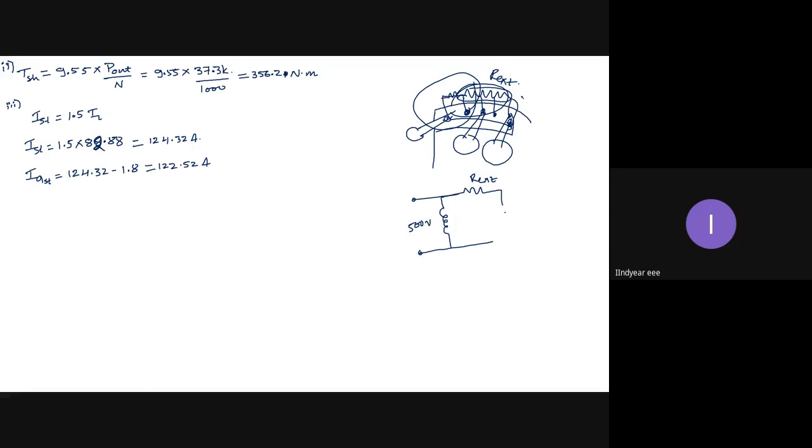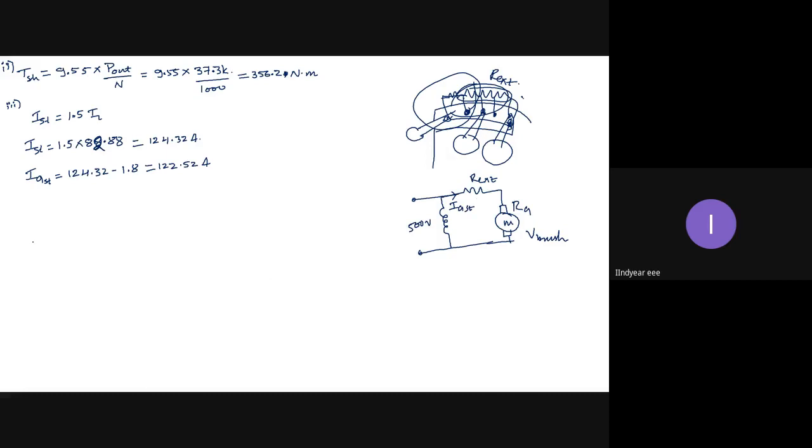Now this is the motor having some resistance Ra, and I have V brush. This is IAST, the starting armature current.